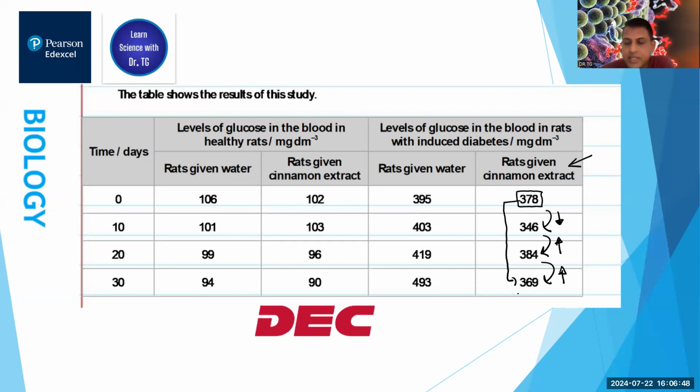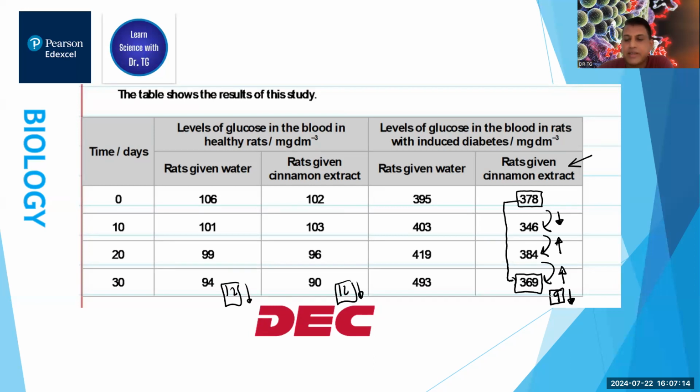378 to 369. We cannot say there is a decrease because the final value of 369 is just a 9 milligram per dm cube decrease. As we see in here, 12 decrease and here also 12 decrease.